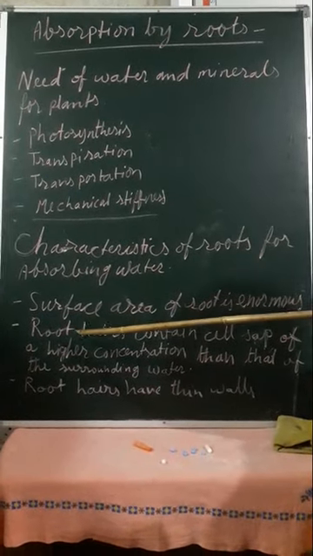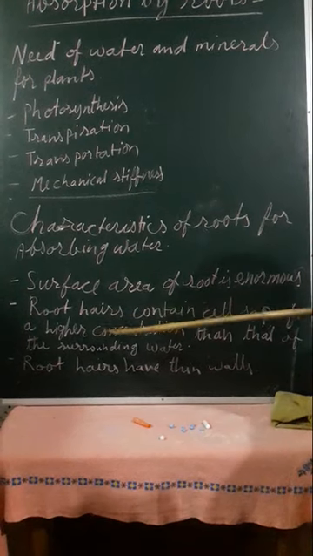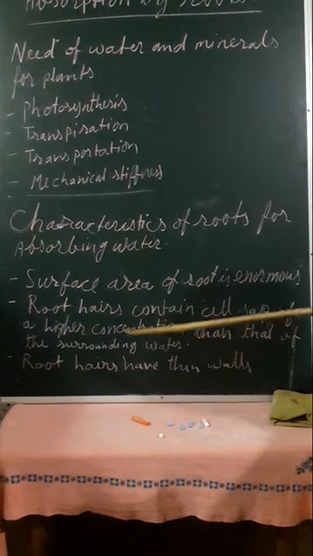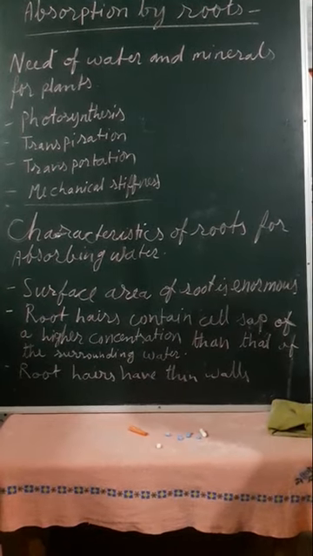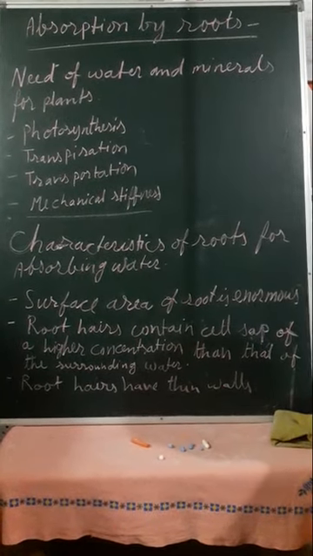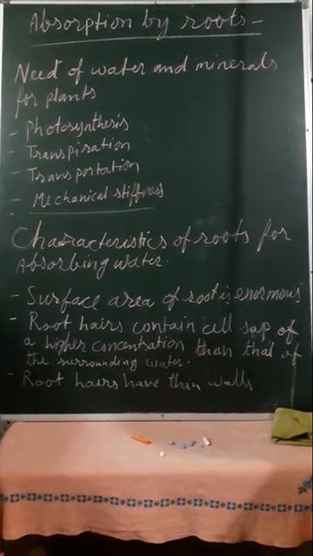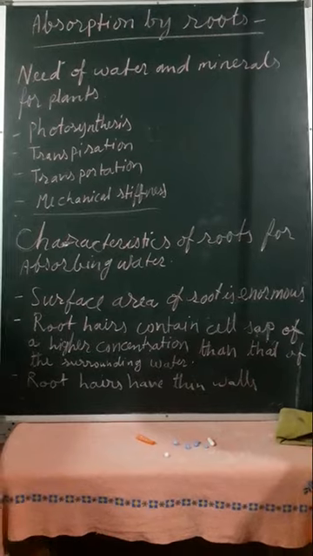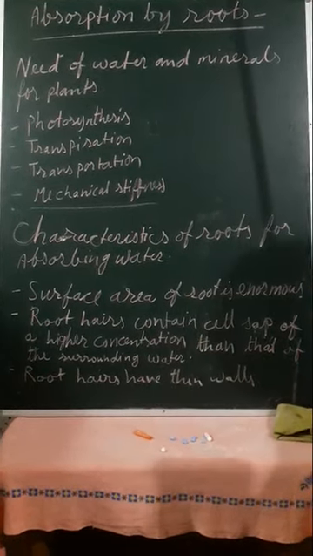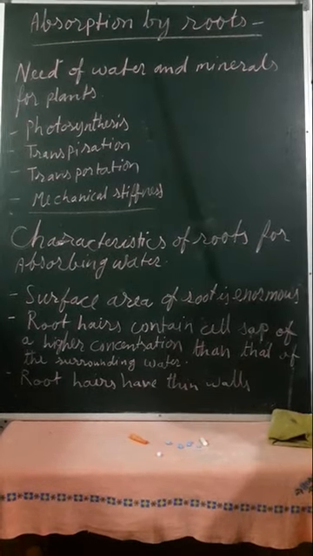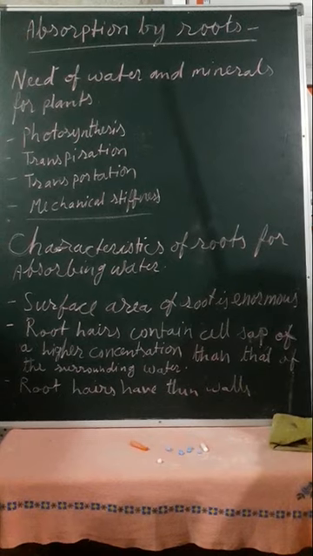Next is root hairs contain cell sap of a higher concentration than that of the surrounding soil water. You know that inside root hairs there is a big vacuole that contains cell sap in solution of higher concentration than the surrounding soil water. So water moves from lower concentration to higher concentration.